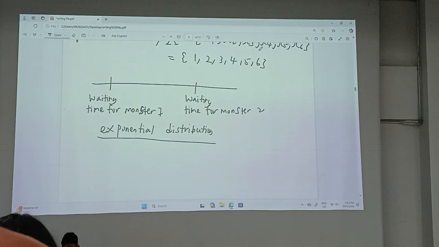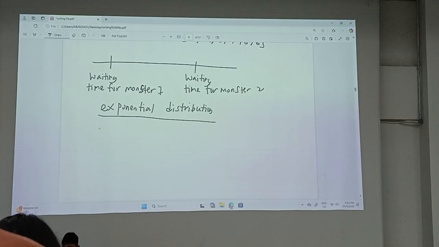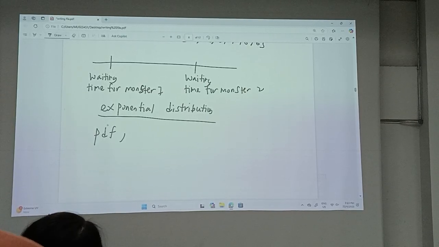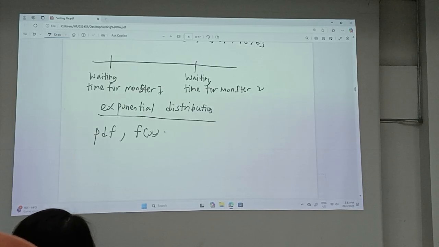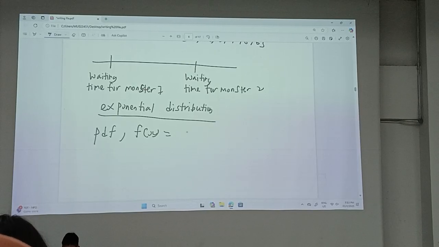For the exponential distribution, there is a PDF. PDF stands for probability density function. Did you learn this probability density function in your discrete maths? Basically it's a function equal to lambda e to the negative lambda x.